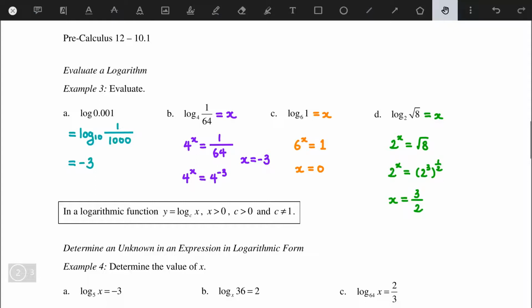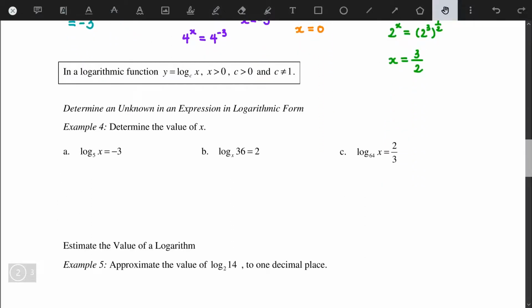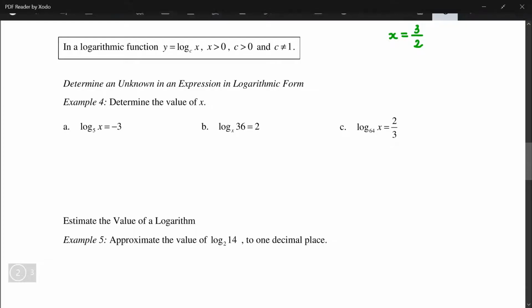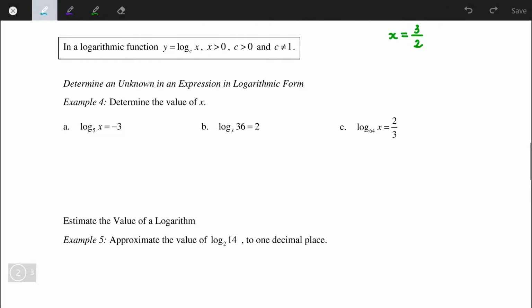So again, the argument should be positive, and the base should also be positive, but not 1, just to reiterate what we saw on the last page. So in the logarithm questions, there are 3 different unknowns that we could solve for.